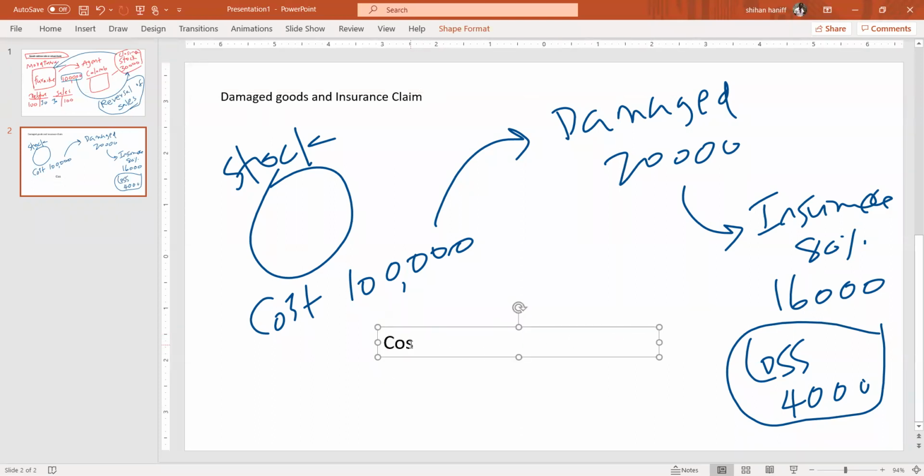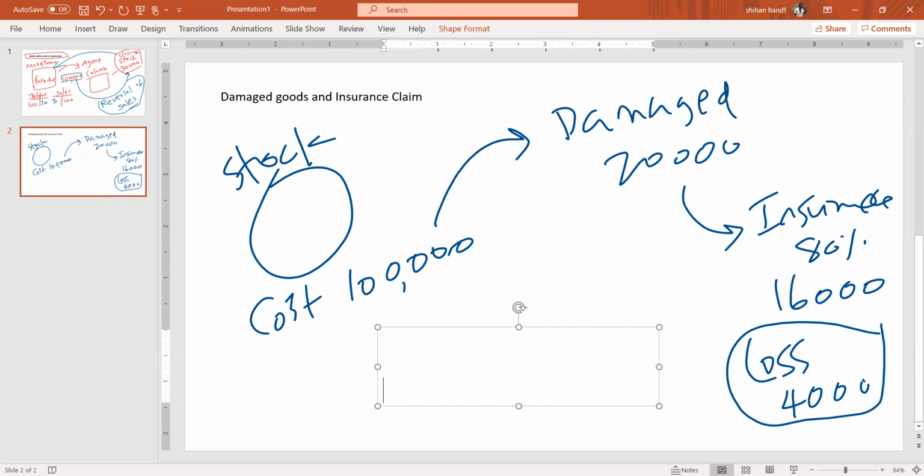From the purchases you will deduct. So purchases account credited 20,000.